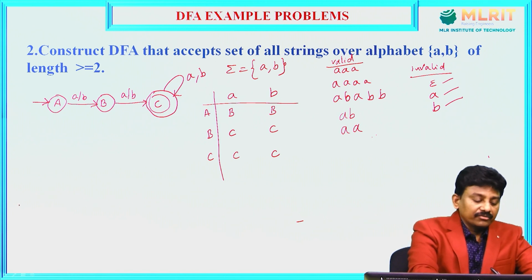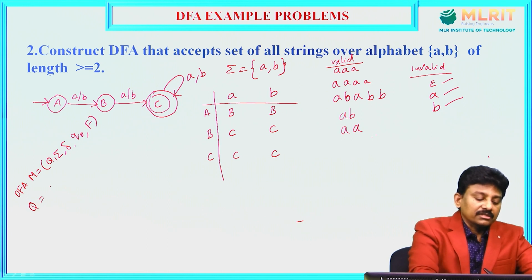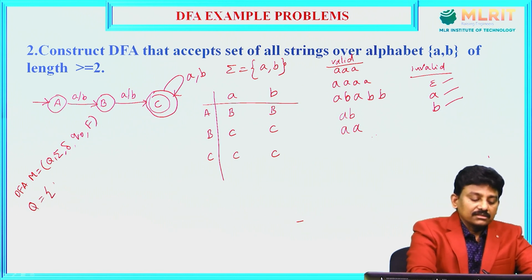So, the DFA formal definition: M is equal to (Q, sigma, delta, Q naught, F). Here Q is the set of states, A, B, C are the states.